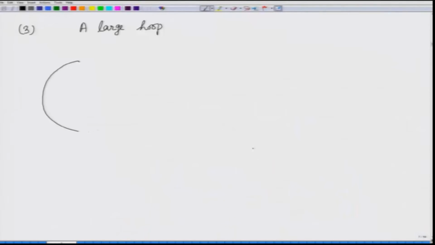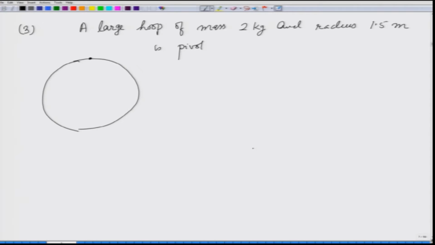So, there is a large hoop which is pivoted at its periphery, of mass 2 kilogram and radius 1.5 meters, pivoted at a point on its periphery.